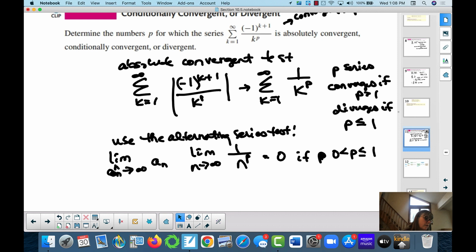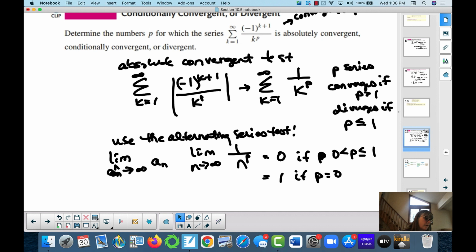But if p is less than or equal to 0, then this equals 1. So if p is equal to 0, that's 1, so I have 1 over 1.